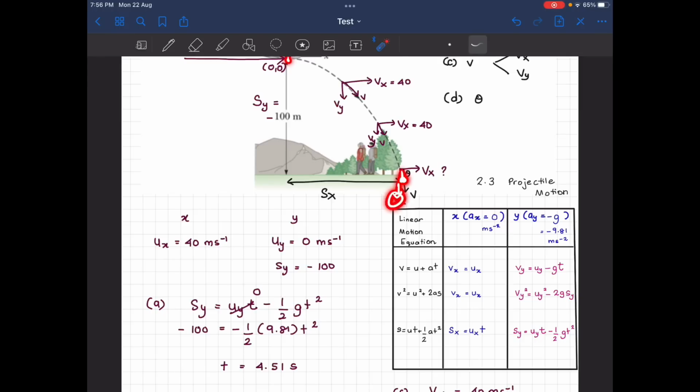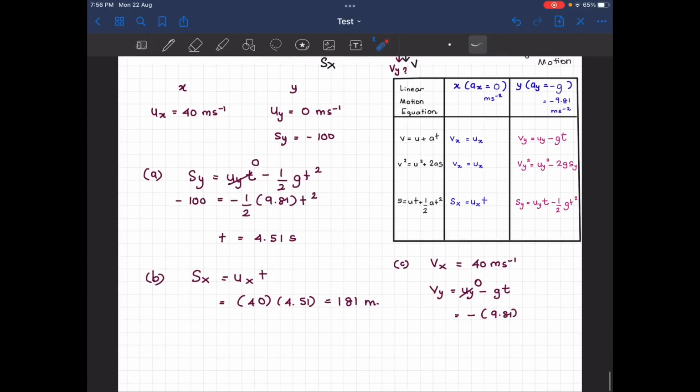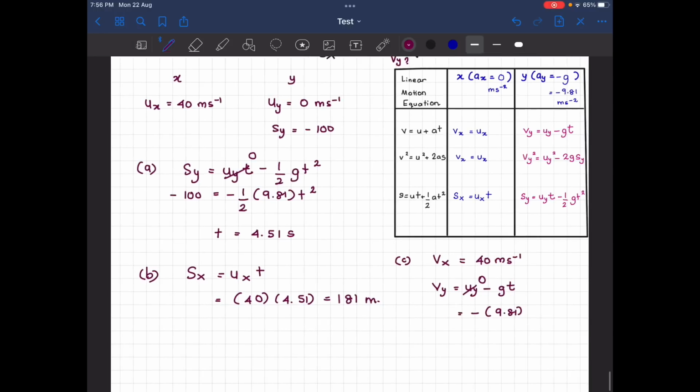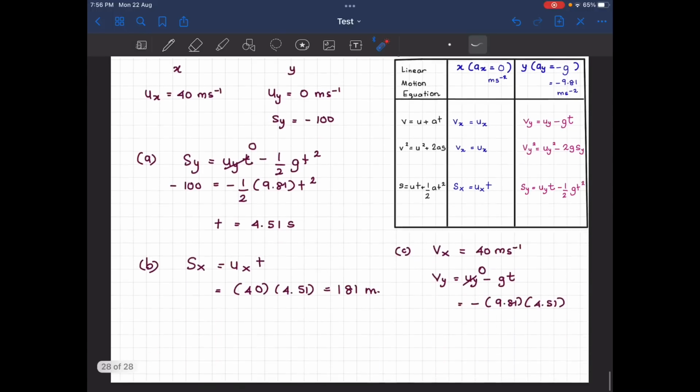That's why I can use the Vy over here, the time to find the Vy. So I hope you understand that. So this one is 4.51. I cannot use 4.51 at this point here to find the Vy over here, because I don't know the time from here to here. Miss knows the time from here to here is 4.51. That's why I can use that formula.